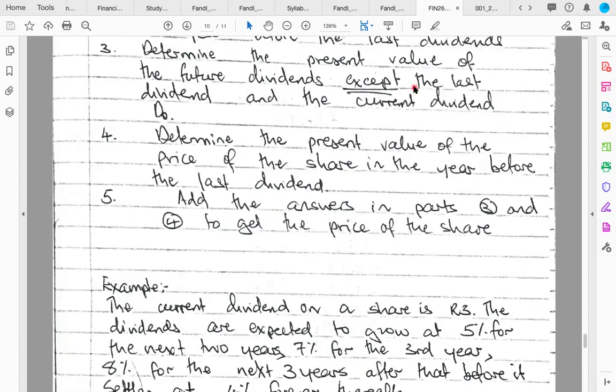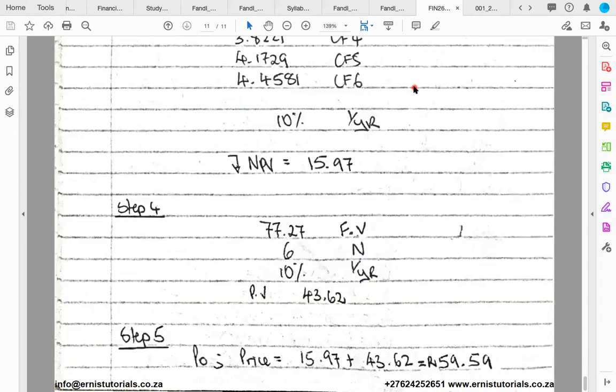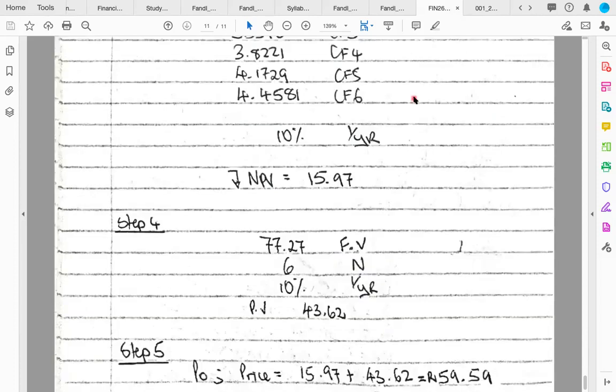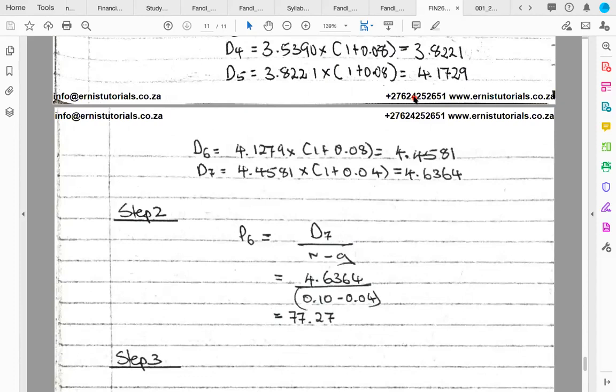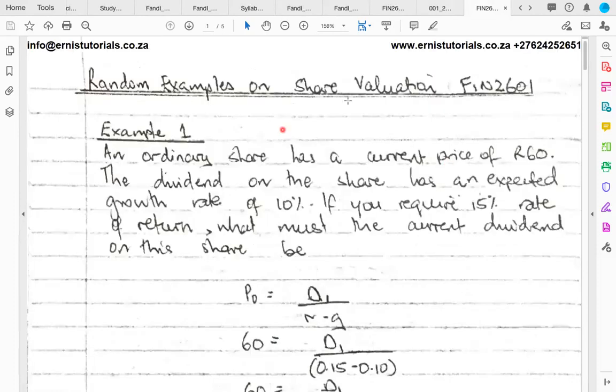Okay. So please go through the class. If you really didn't follow anything there, go through it slowly, see if it makes sense, just revisit all the concepts we were covering. And then in the next class, I will take you through some random examples on share valuation.